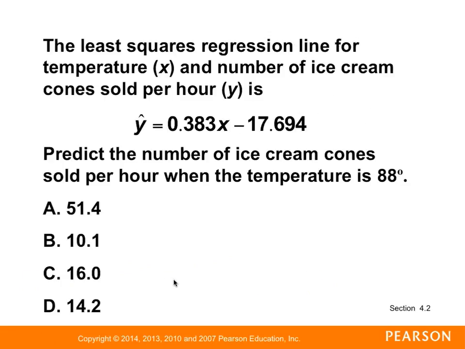Now, if we take a look at this here, we've created a least squares regression line for temperature, which is x, and number of ice cream cones that are sold per hour, which is our y, and we want to predict the number of ice cream cones sold per hour when the temperature is 88 degrees. All we have to do in this case is just take 88 and plug it in for x. So I want you to go ahead and do that in your calculator.